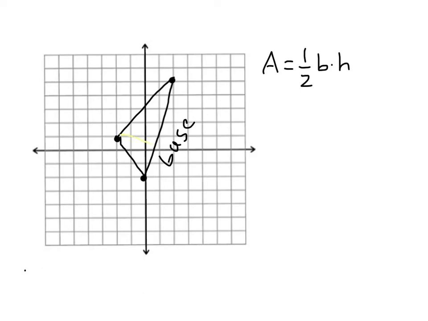So I'm going to need to figure out how long it is from here to here, which can be kind of complicated. You'd have to use a really bizarre formula to do that, and it's much easier to rely on some basic skills instead. So you can see that this one, to find the yellow height, would be difficult to do. None of these sides are perpendicular to each other, so I'd have to try to rely on a different method to get the final answer.